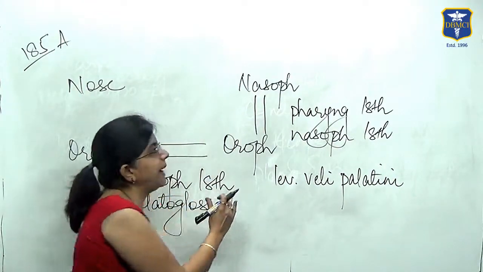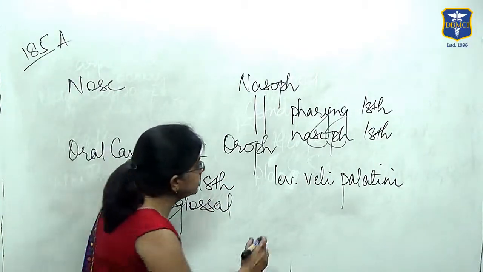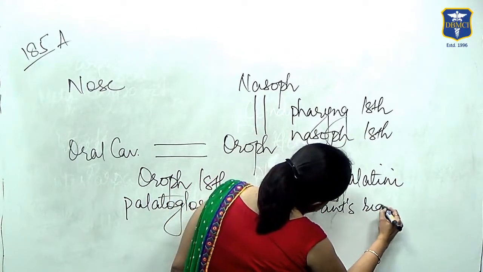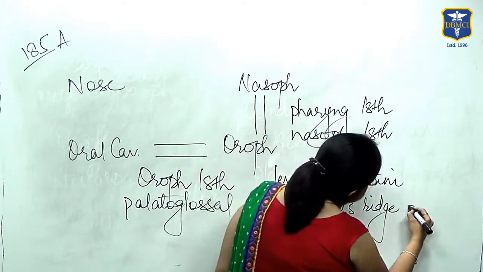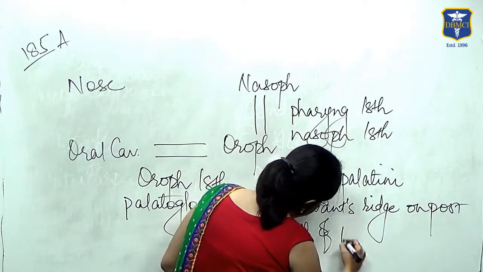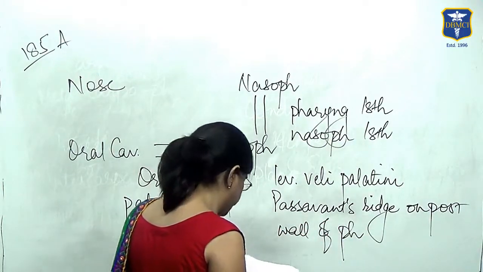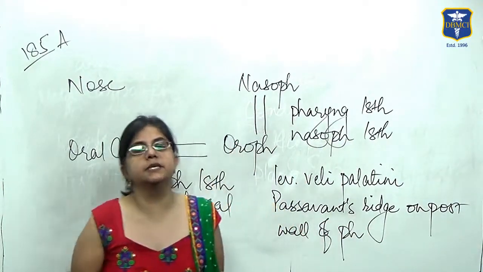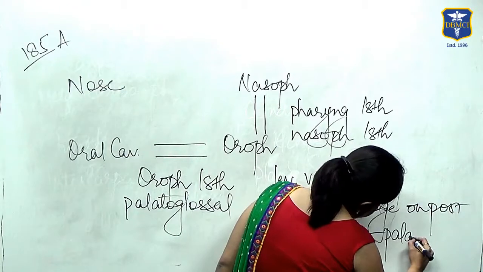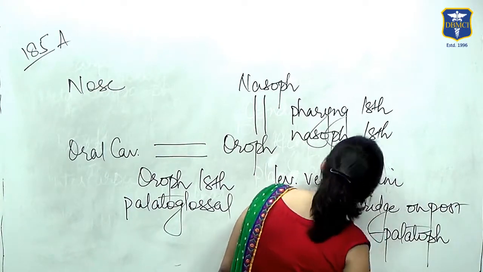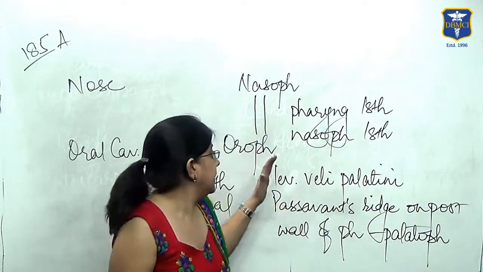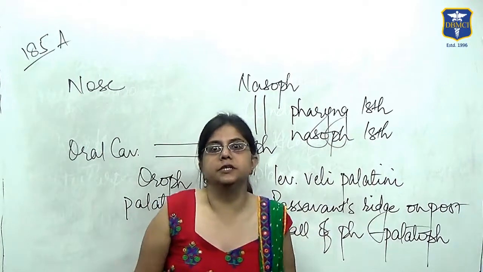And when the soft palate is elevated, it comes in contact with the Passavant's ridge on the posterior wall of the pharynx, and this Passavant's ridge is raised by the circular fibers of palatopharyngeus muscle. So the levator palati along with the palatopharyngeus help in closing the pharyngeal isthmus.